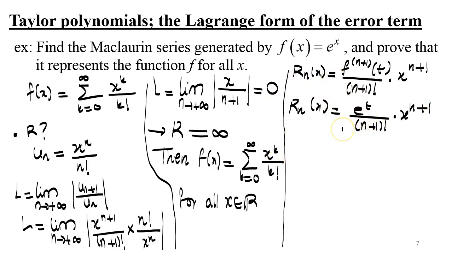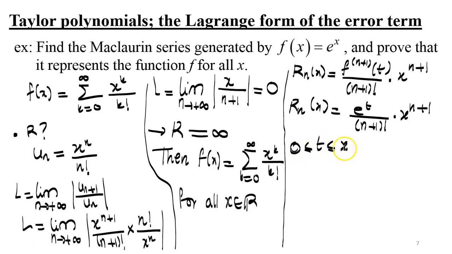So what do we know about t here? We know that t is between 0 and x. Over here, keep in mind that this is a Maclaurin series, so it's centered at 0, so a is 0.